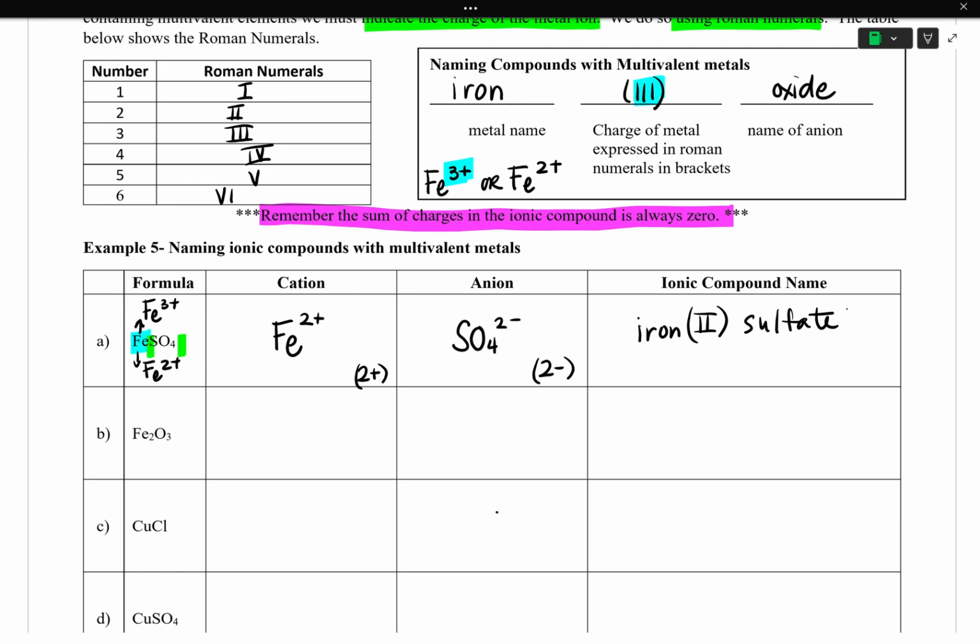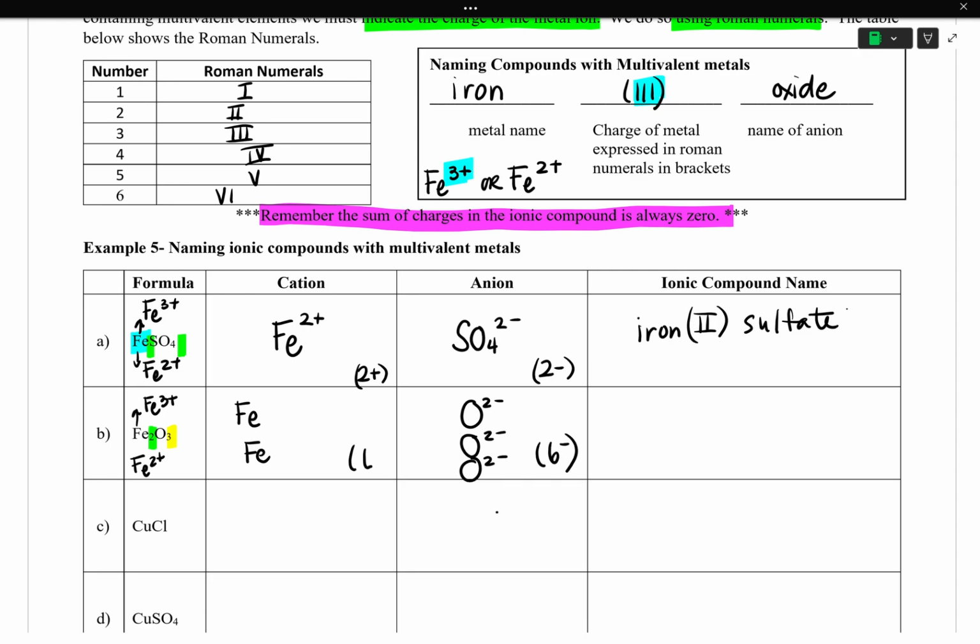Okay, let's try this one again. We know iron can be Fe3 plus or Fe2 plus. Look at the number subscript to the right. It's telling us I have 2 iron ions in this compound. And then take a look at the oxygen. I have 3 of them, and the charge on oxygen is always 2 negative. So the total charge over here is 6 negative.